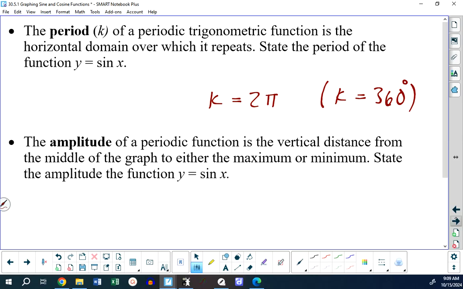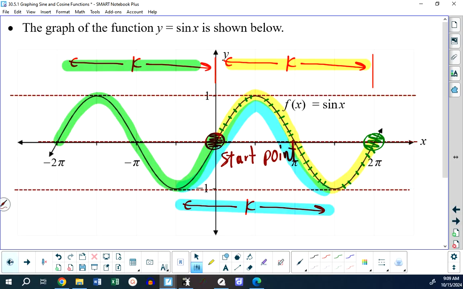The amplitude of a periodic function is the vertical distance from the middle to the top or the middle to the bottom. And that's why these dotted lines are kind of important. What I'm telling you is this is the amplitude. You can even label it on your graph if you like.